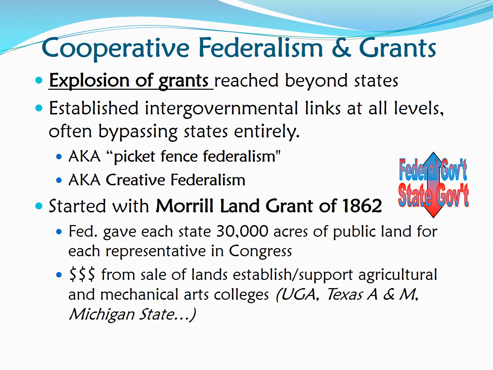So the national government's goal was to promote higher education for more Americans, and the states were incentivized to use that money because it was offered by the federal government. Like UGA, Georgia was a land grant college, as they call it, because that money came from this program.